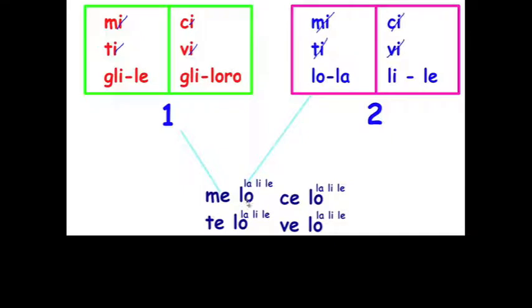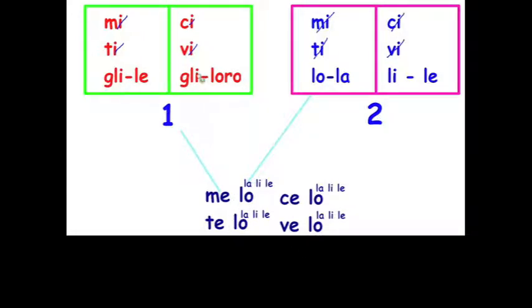So it to me or him to me. Okay? La, li, le. These are other options. Te lo. Ce lo. Ve lo. Notice there's a space between all of these. Make sure you keep space because otherwise they mean something else. Va bene? For example, me la is the apple. Me lo is the apple tree. So this is a very important little space right there.